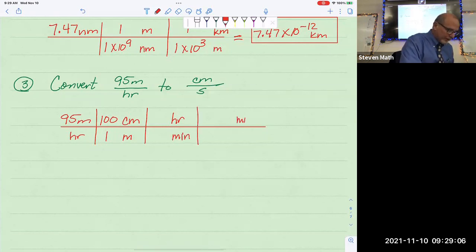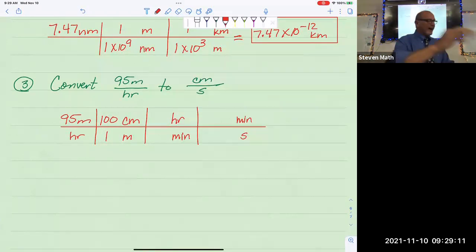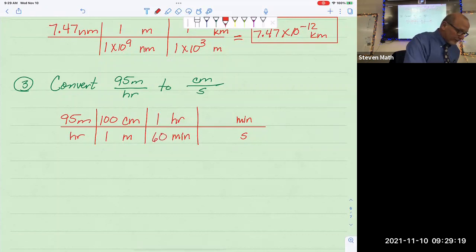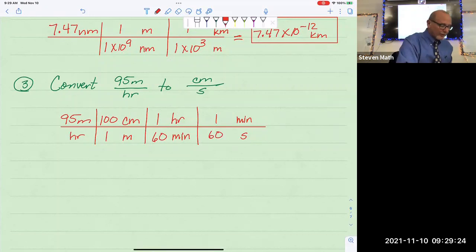Then let's go minutes to seconds. If you want to go direct from hours to seconds, you can, but I've seen too many people mess that up, including myself. 1 hour is 60 minutes and 1 minute has 60 seconds. An hour has 3,600 seconds. We know that. Multiply it top and bottom, divide it on out.